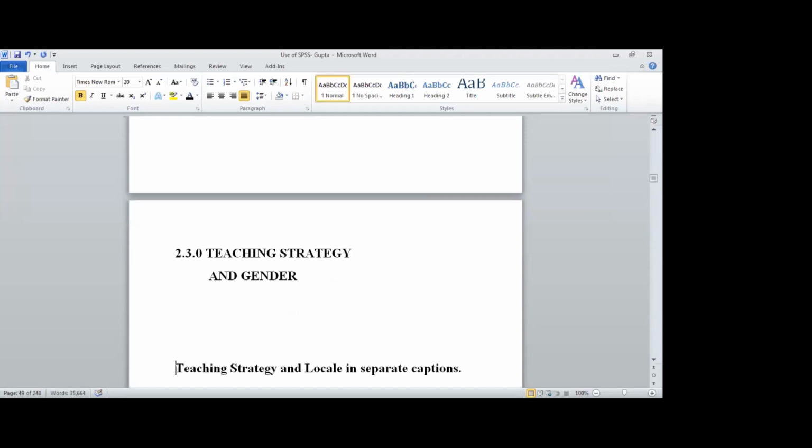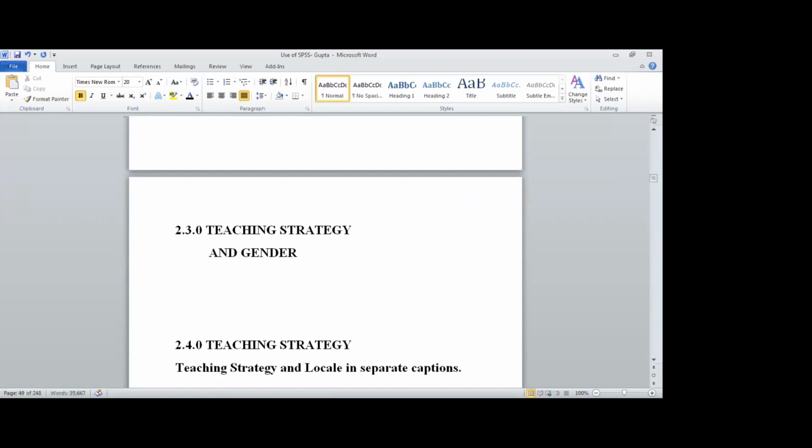And then you have to write the way I have done it in 2.2.0, that so many researches were conducted. Then 2.4.0 will be teaching strategy and locale.